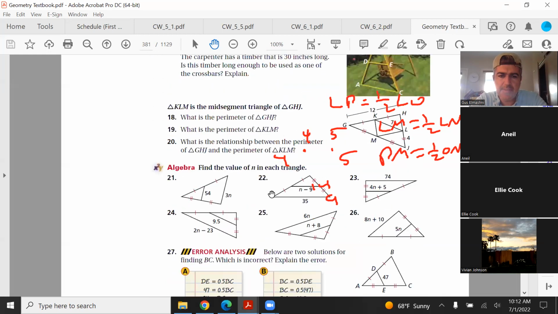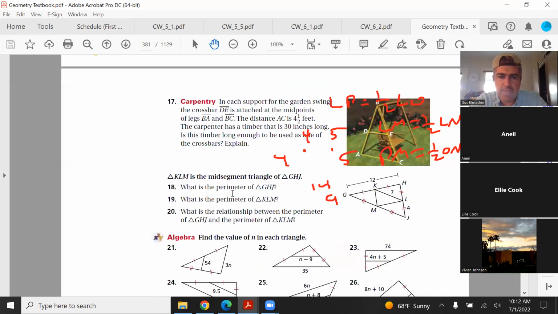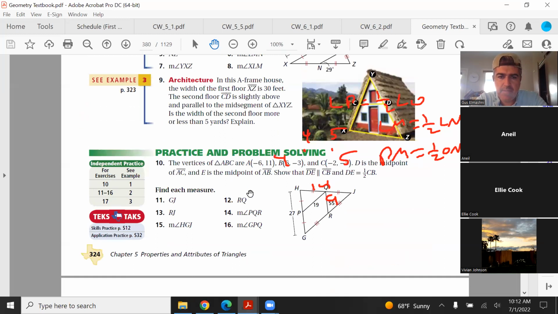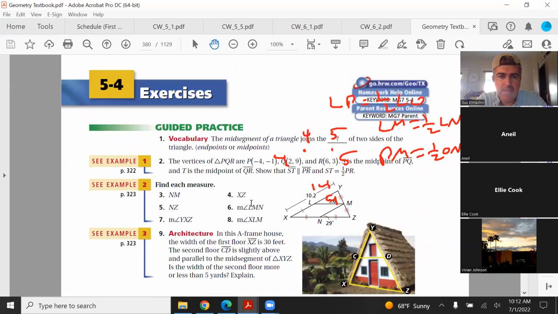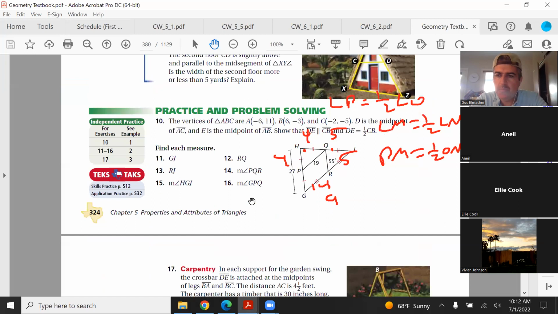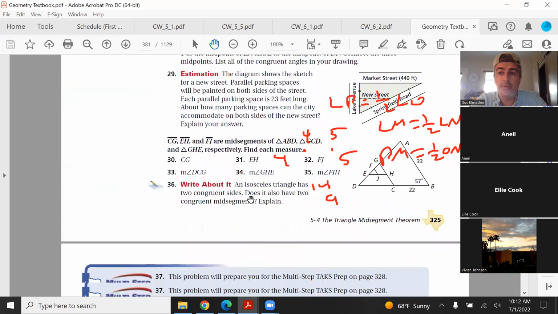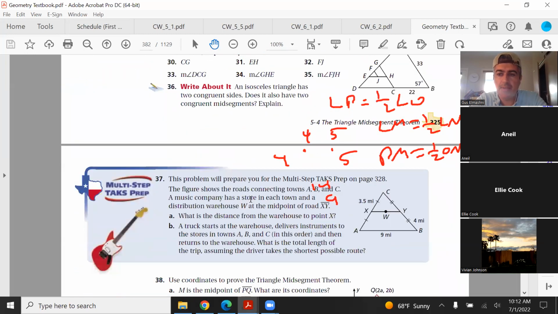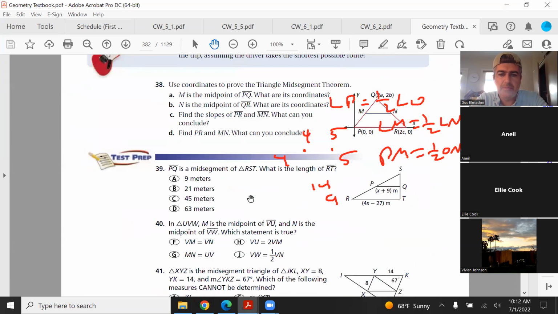That'd be good practice. Likewise with 18 through 20, 11 through 16 here. So I'll definitely be assigning some problems from this textbook over the weekend so you guys get the practice. And I'll make sure I put odds so you can check the answers in the back.